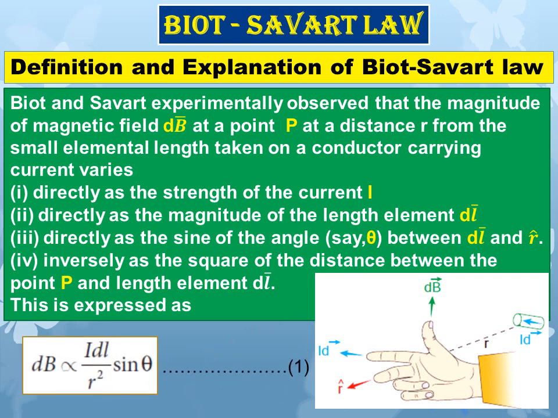It shows the magnetic field dB is directly proportional to the strength of the current I, directly proportional to the magnitude of the element length dl, directly proportional to the sine of the angle between dl and r, and inversely proportional to the square of the distance between the point P and the length element dl.